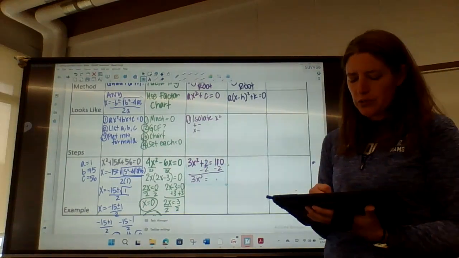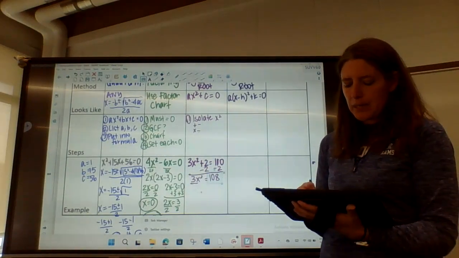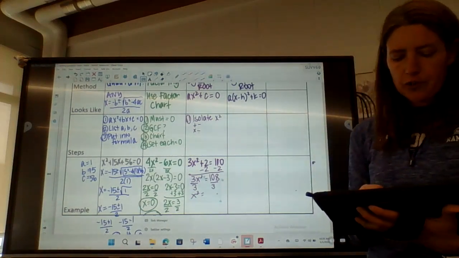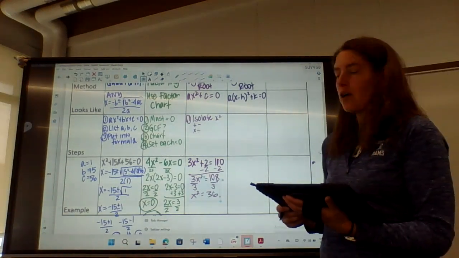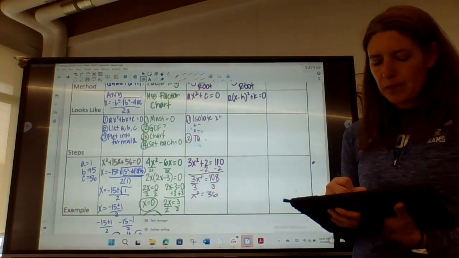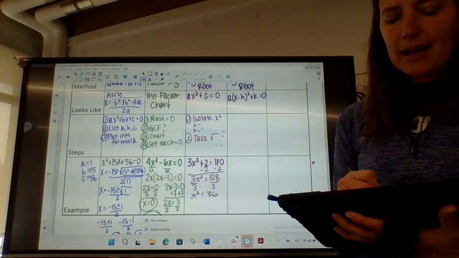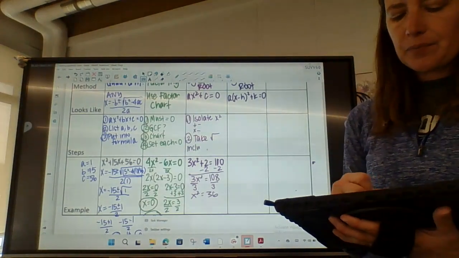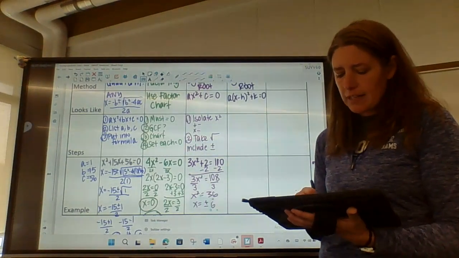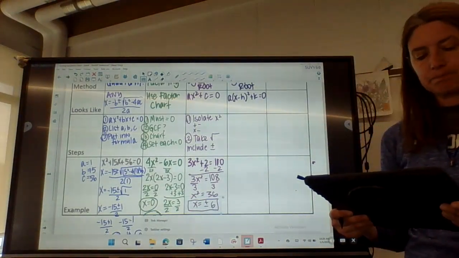So I'm going to subtract 2, I get 108. And then I'm going to divide by 3. And I'm going to get 36. Once I'm here, now I can take the square root. Now when we take the square root, remember we need both a positive and negative. So this is going to be a positive or negative 6 when I take the square root of 36.